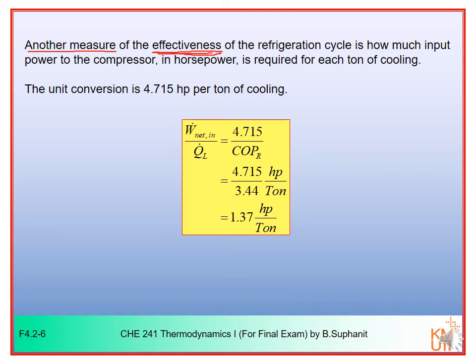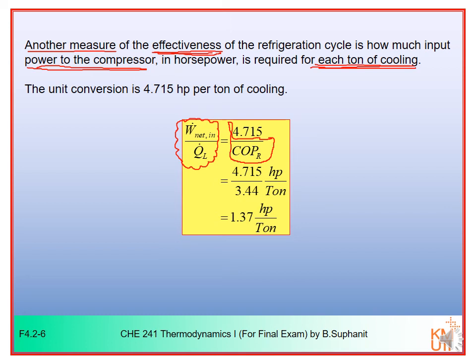We may then use the other term to explain the effectiveness of our refrigeration cycle, which is the power requirement for each ton of cooling. So the power requirement for each ton of cooling is actually W net required divided by QL, or it is actually 1 over COP.